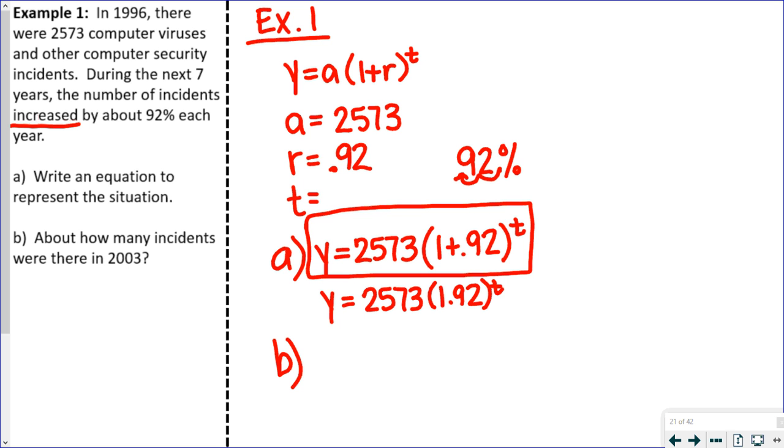From 1996 to 2003, how many years have elapsed? 7. All right, so now I'm going to use the equation we got on part A and plug in 7 for the t. Go ahead and type that into your calculator as you see it.